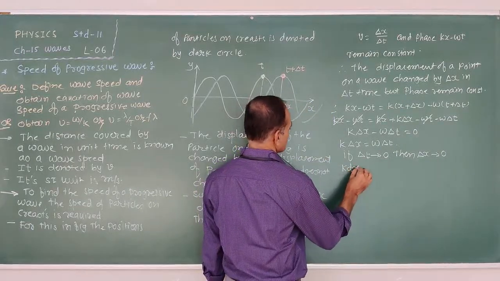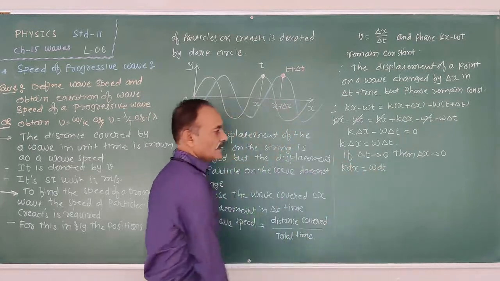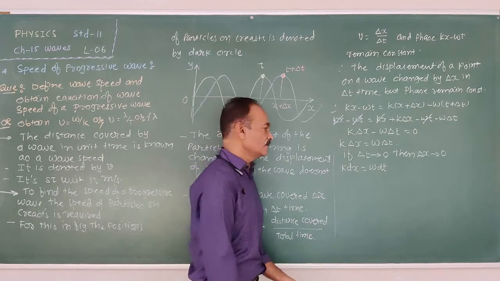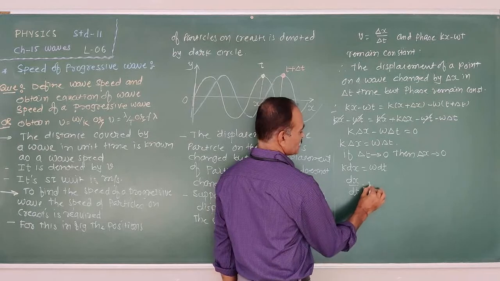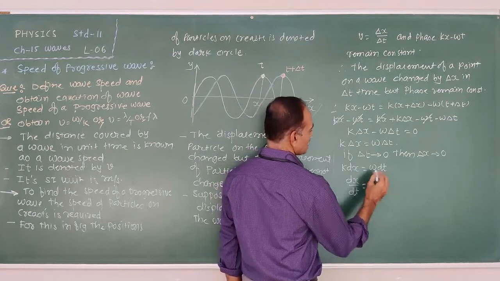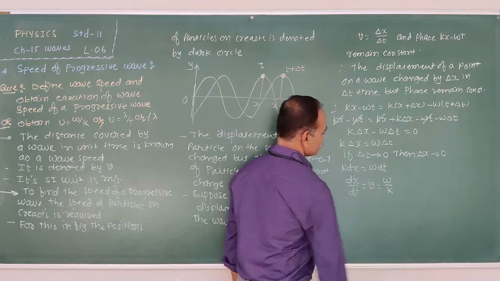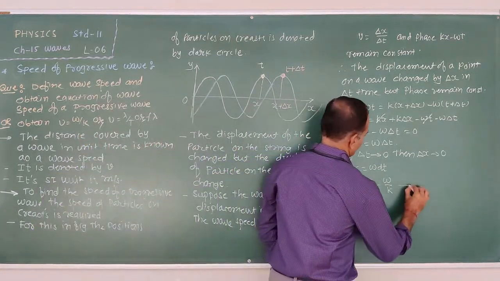Therefore, k dx is equal to omega dt. Now we know that dx upon dt is equal to speed. Therefore, dx by dt, that is known as the wave speed, is equal to omega upon k. Omega upon k, that is our first equation.